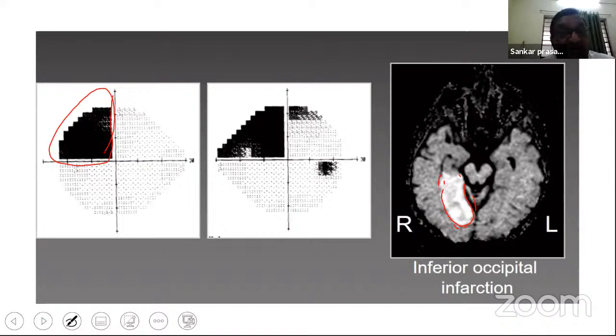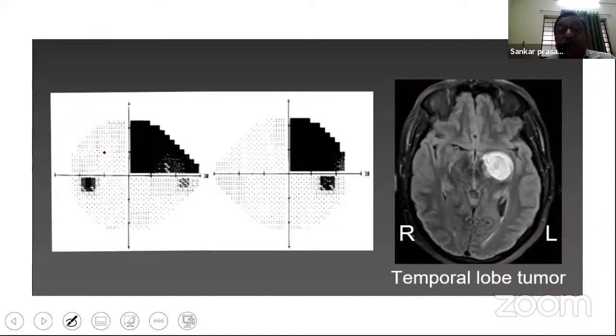So you have to do a confrontational eye test to identify this field defect. It can be done in the ophthalmology department also, but bedside testing, whenever an individual says, I have visual blurring, you have to do the confrontation test to see whether he has got a field defect. Here is the temporal lobe tumor, which is on the left side, and it is causing the right superior quadrantanopia.